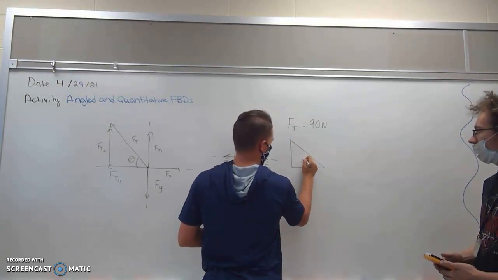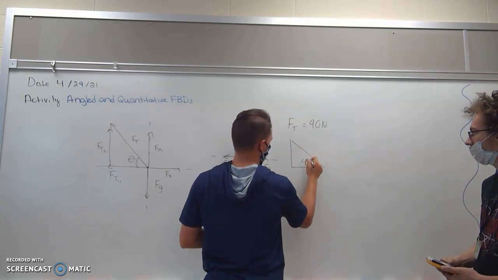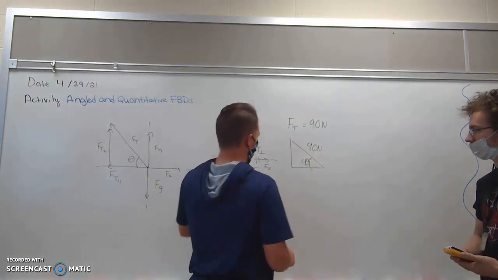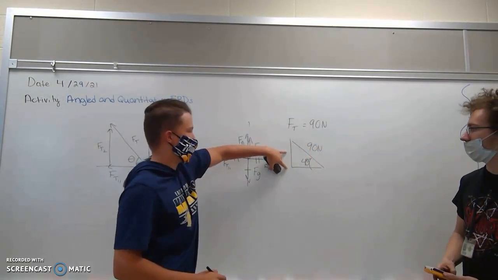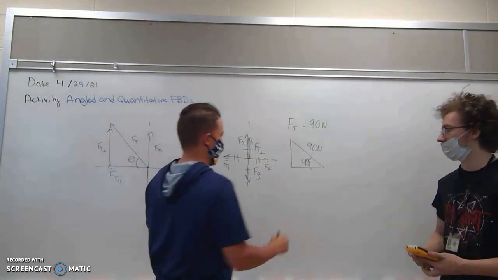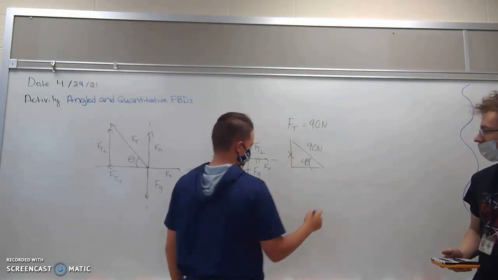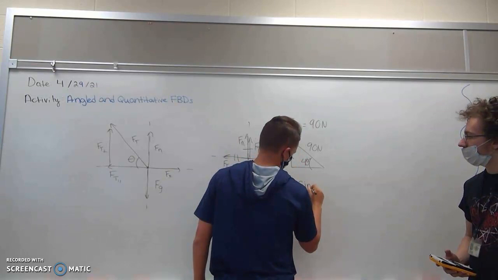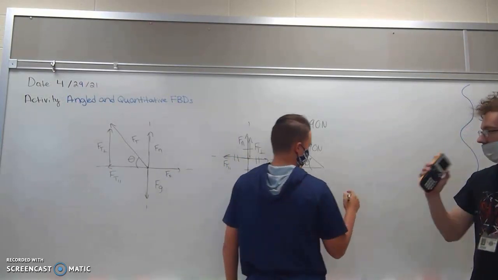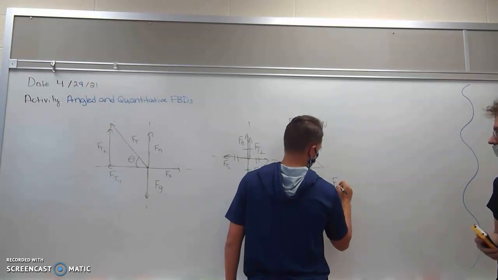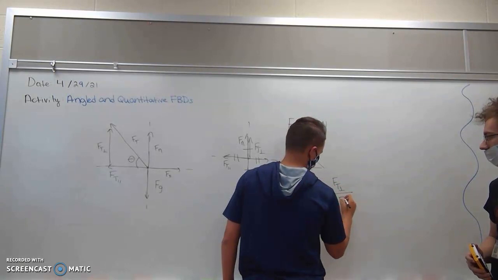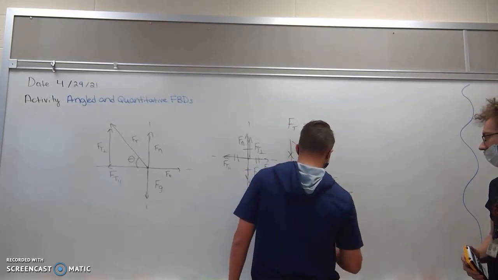So our angle is 40 degrees. We have 90 newtons here. So we want the height portion of this triangle, the perpendicular. So we do sine of 40 degrees is equal to opposite over hypotenuse. So you have your force of tension in the perpendicular over your 90 newtons, your total force of tension.